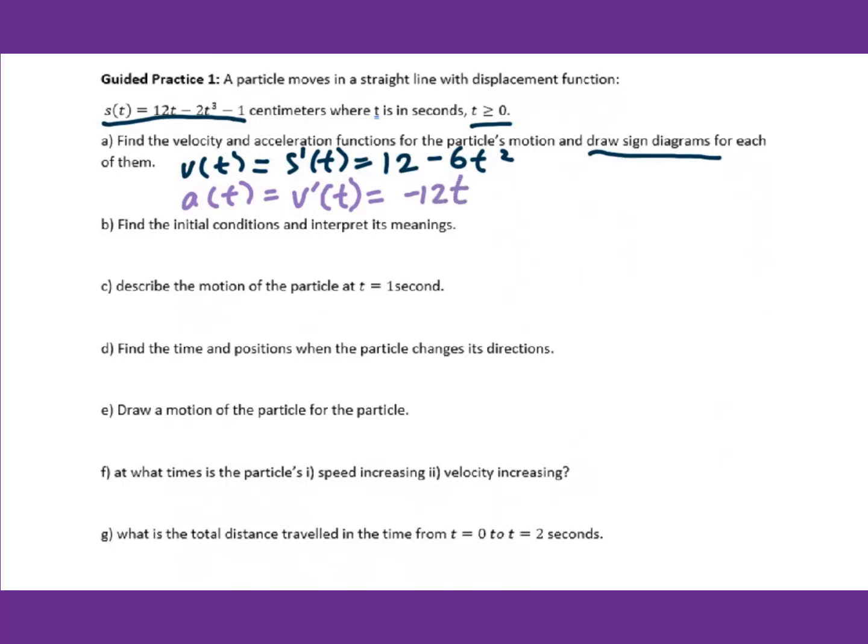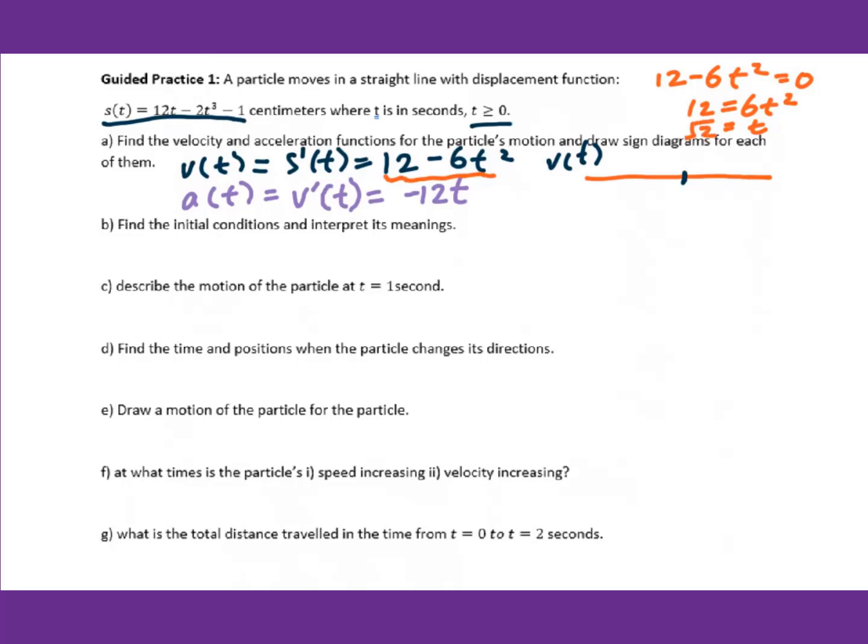For the sign diagram, we have velocity. We need to figure out the roots for this. So we have 12 minus 6t squared equal to 0. Isolate the t squared on one side. We get 6t squared equals 12. So we have t equals square root of 2.